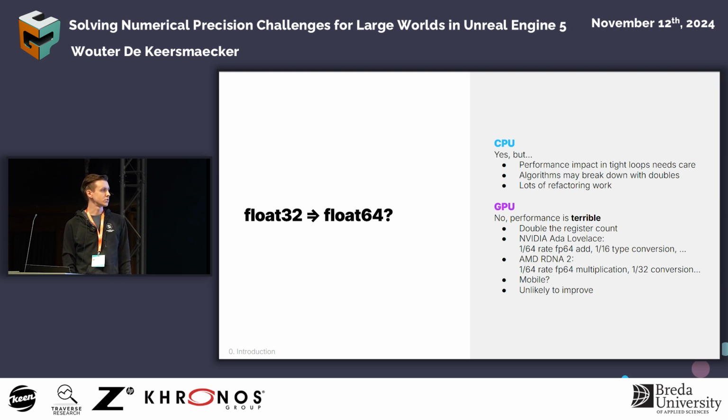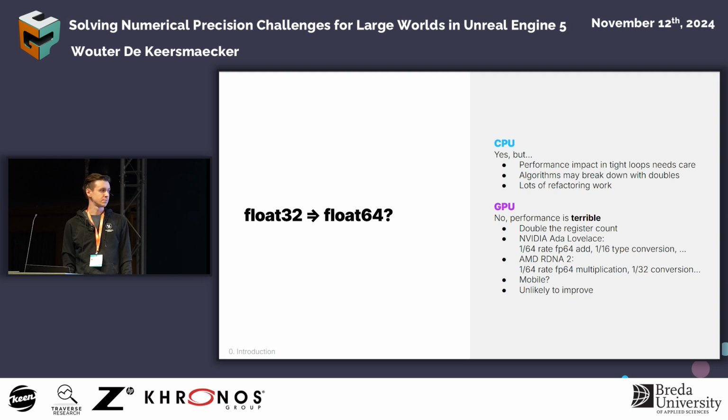But then both on NVIDIA and AMD, you very likely will see bad performance just out of the instructions themselves. It's not uncommon to see things like 1/64 rate for simple math operations. And type conversion is also quite expensive.